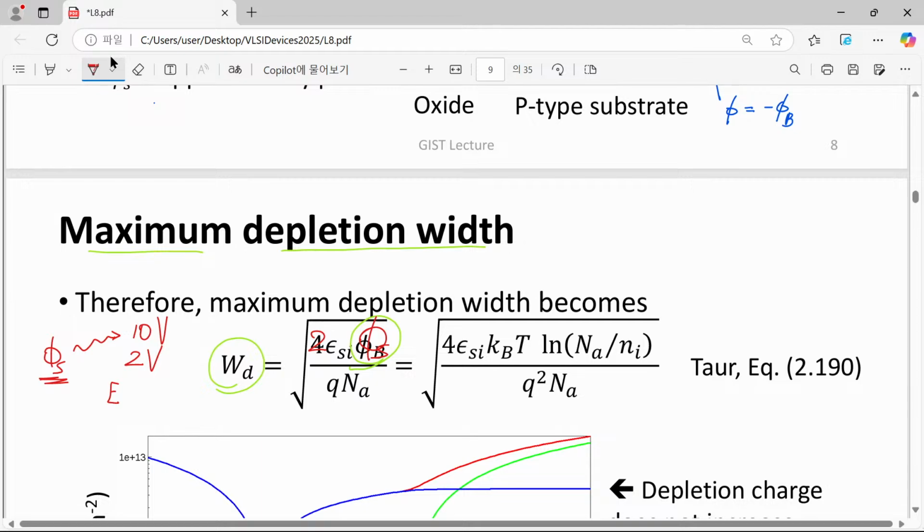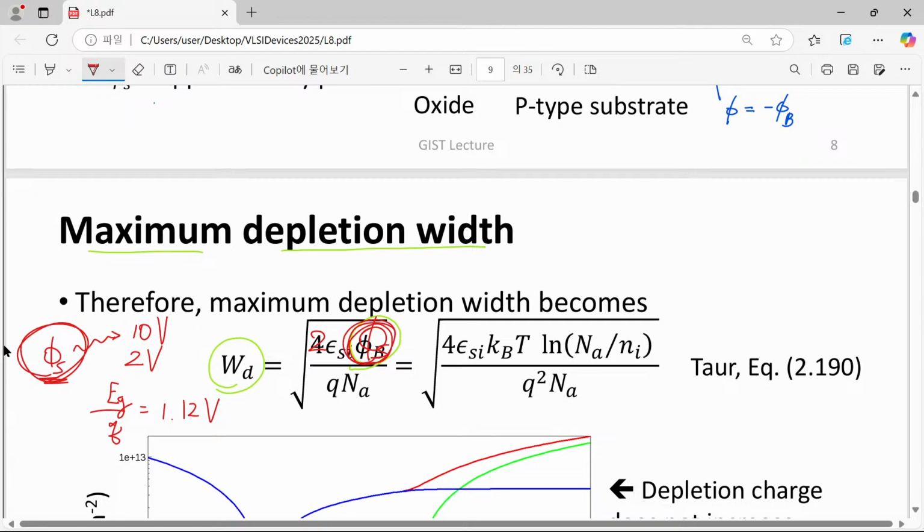So band gap divided by q will give you just 1.12 volt, and your surface band bending cannot exceed this value.